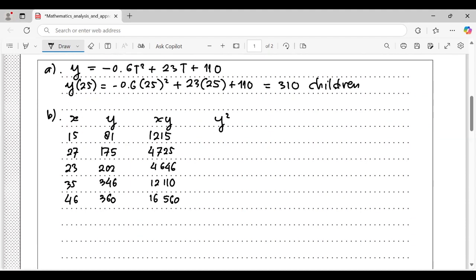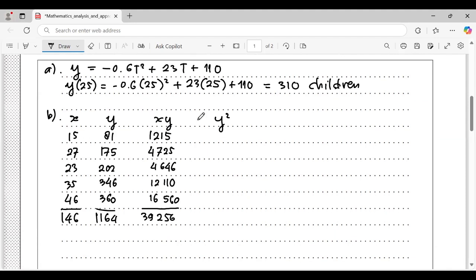Okay, I'm going to add the sigma. Sigma x is 146. Sigma y is 1,164. Sigma xy is 30,256.